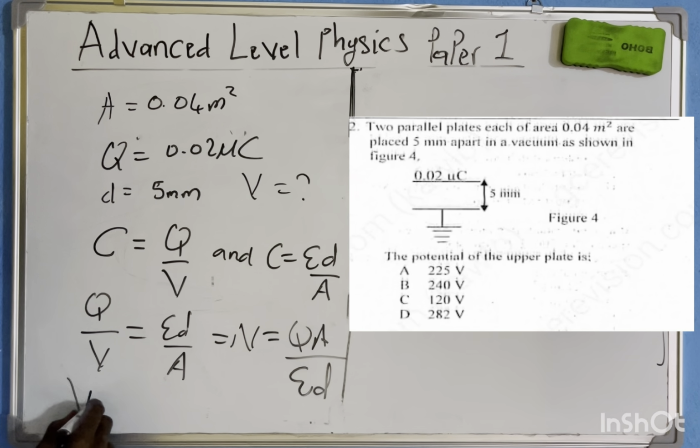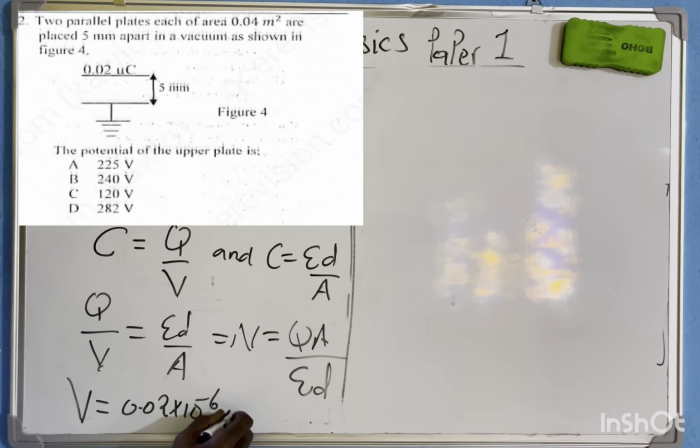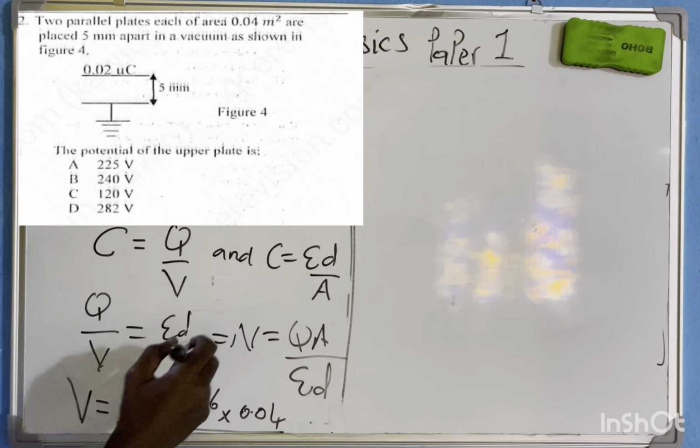Now replacing the formulas, Q is 0.02 times 10 to the negative 6, times the distance, divided by epsilon times the area of 0.04, which is already in meters, that is good.